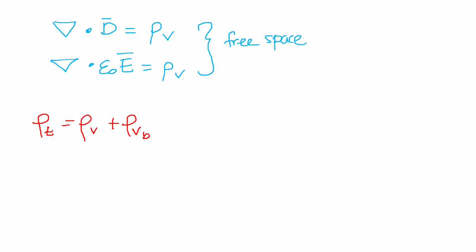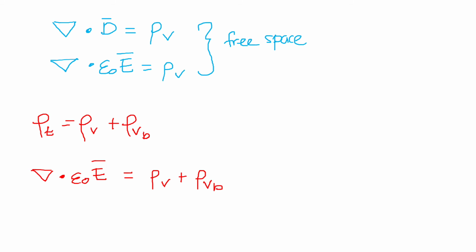Now replace this into this equation. Then let's write it: we have this equal to rho V plus rho VB.